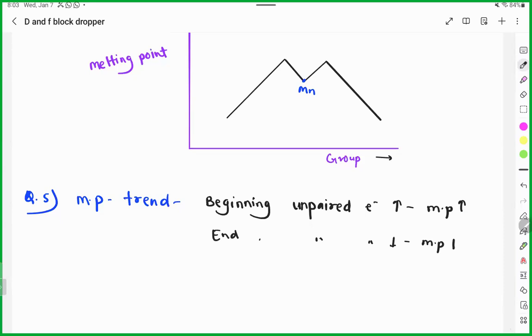So it makes sense: initially it increases, then decreases. But my question is, why is there a dip in the case of manganese?